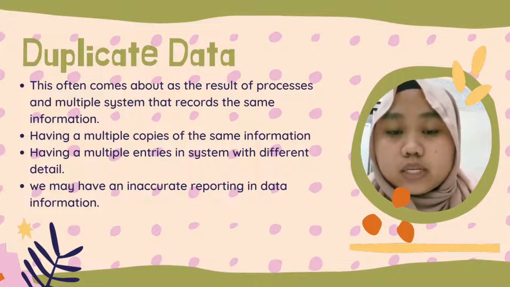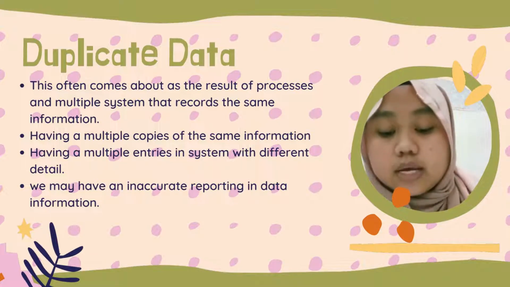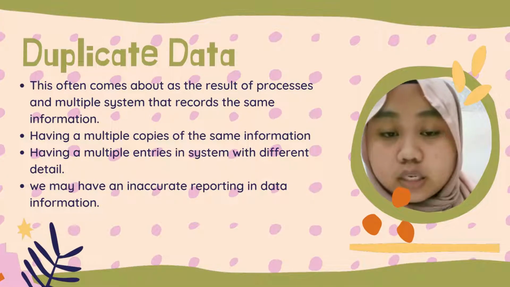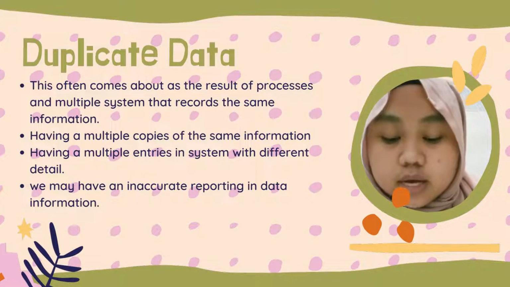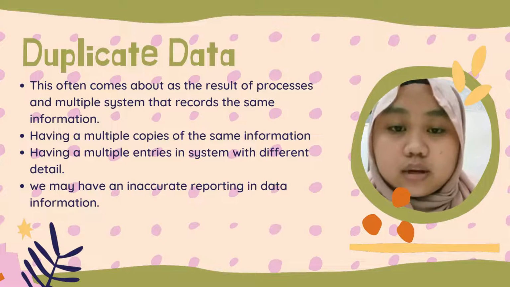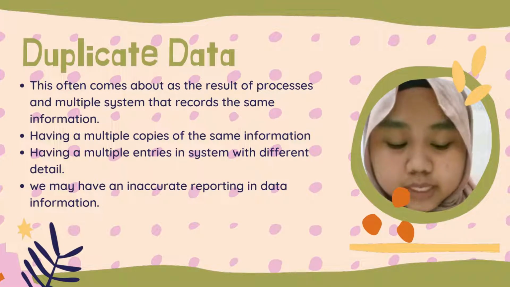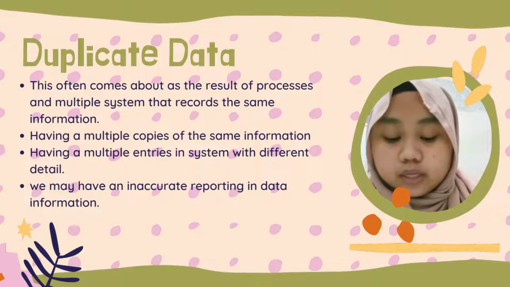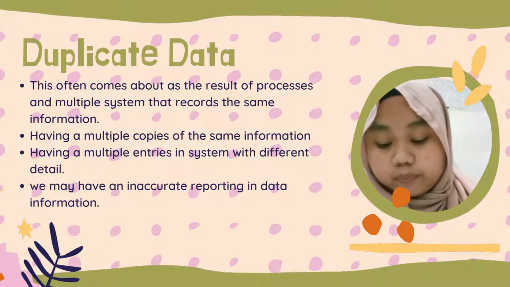Having multiple copies at the same time makes it hard for the user too. This is because having multiple copies will increase the storage used or restrict storage in digital information. Some information does not need multiple copies. It will make it hard for the user to understand the information that they record.